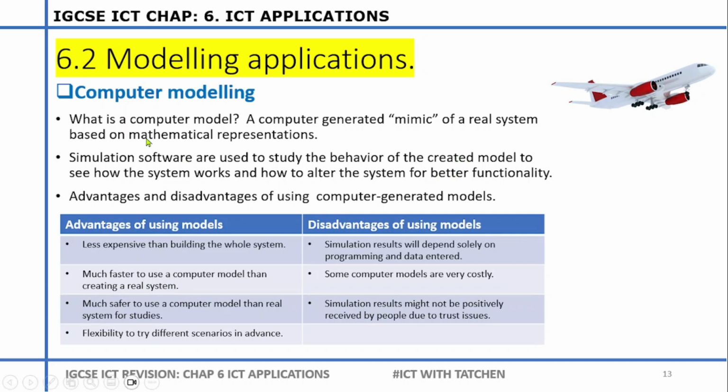And basically this is done with a lot of mathematical representations, maybe some computer skills. Now, in the process of modeling, simulation software is used to study the behavior of the created model to see how the system works and how you can alter the system for better functionalities.